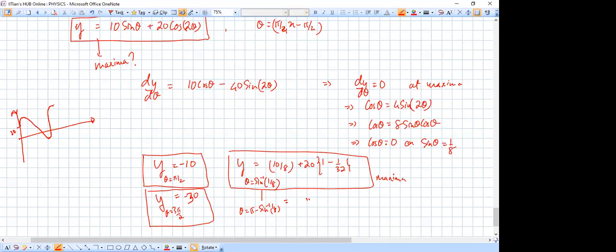But then it comes to a lower value of local minima, which is -30, yeah, at 3 pi by 2. And then it goes like this.